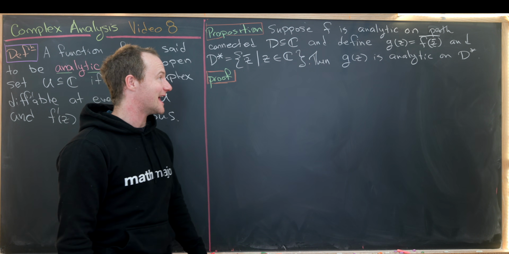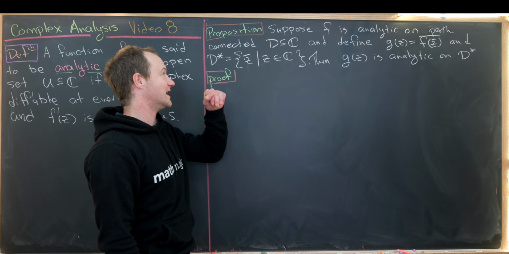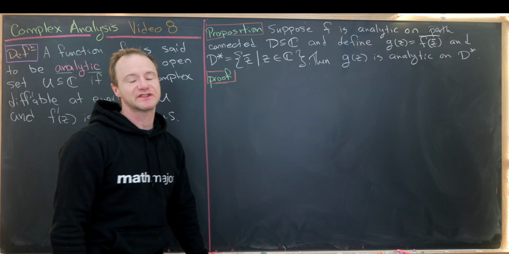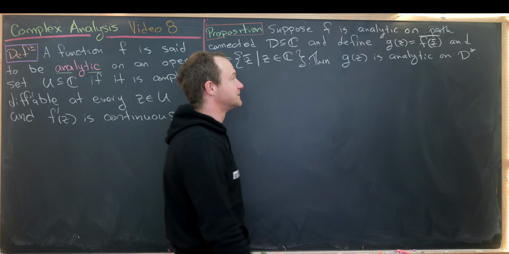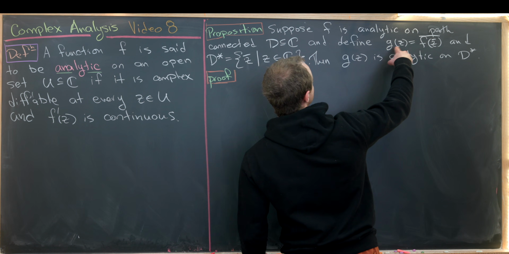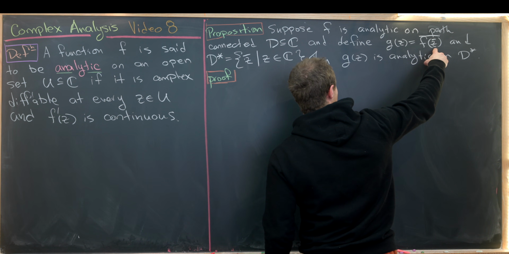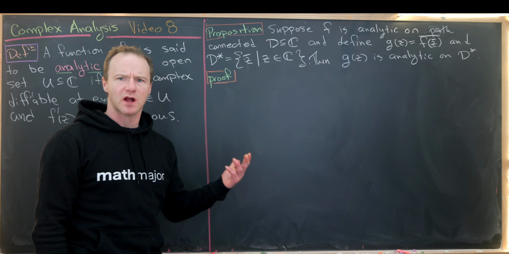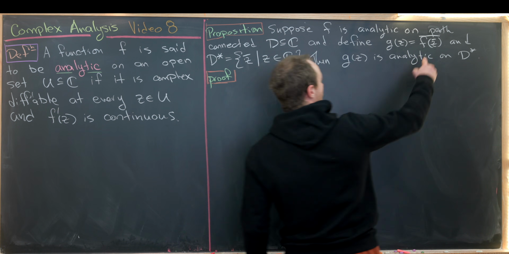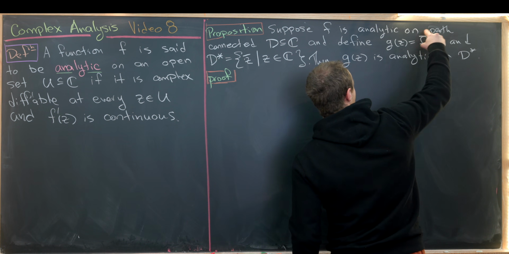So let's suppose that f is analytic on a path-connected domain D, which is a subset of the complex numbers, and define a new function g of z to be the conjugate of f evaluated at z conjugate. So we're conjugating two times here, one on the inside of the function and one on the outside.